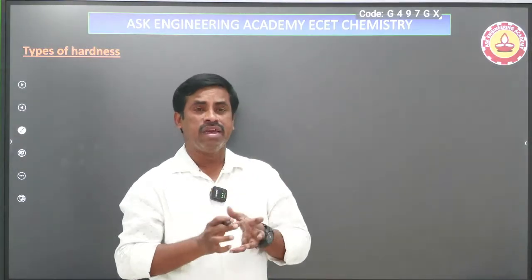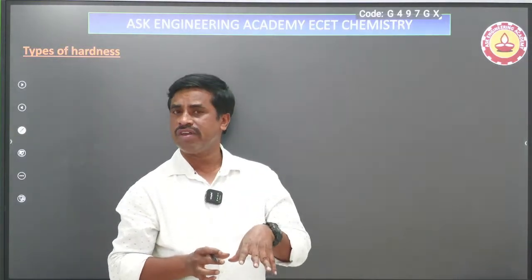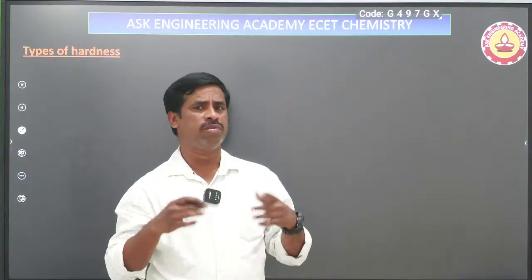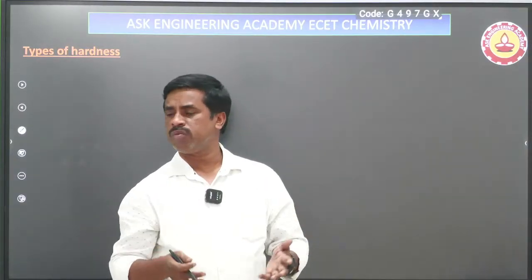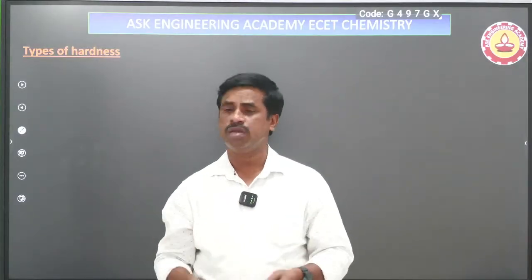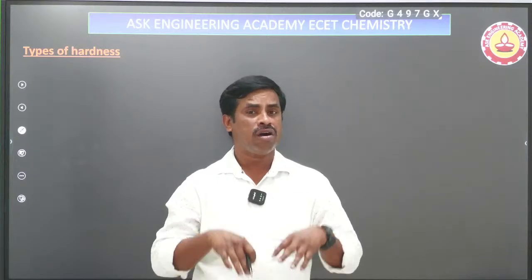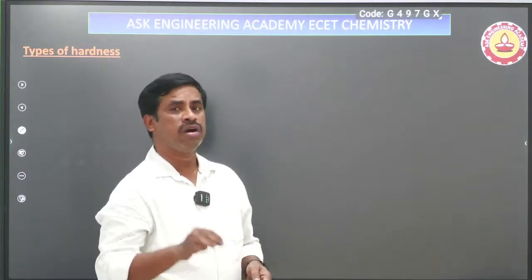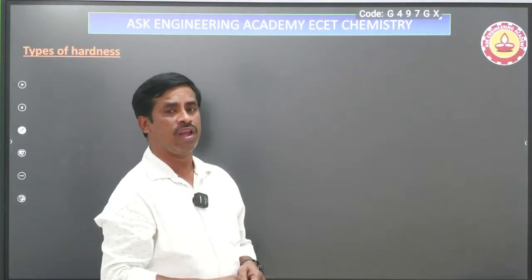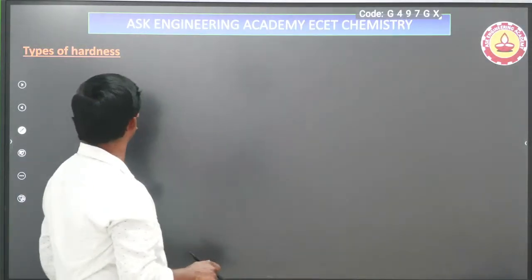Why does it prevent lathering? Due to the presence of dissolved calcium and magnesium salts, which may be chlorides, bicarbonates, sulfates or nitrates, present in the water in a dissolved state. They are responsible for preventing the formation of lather.